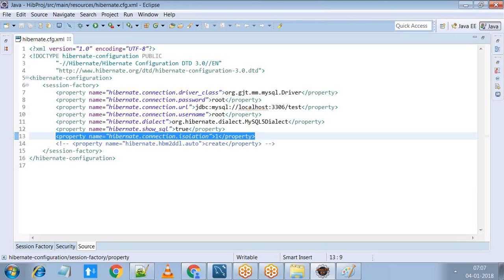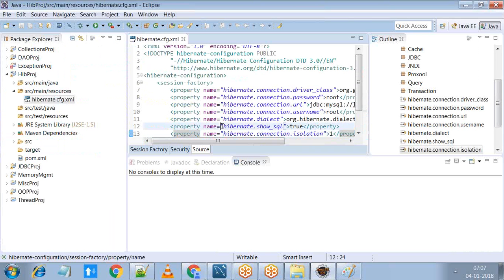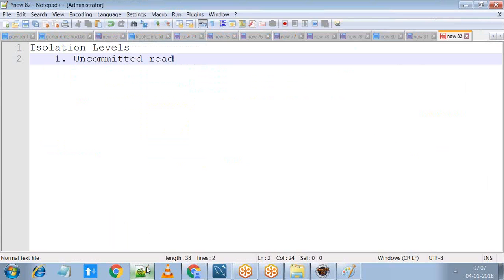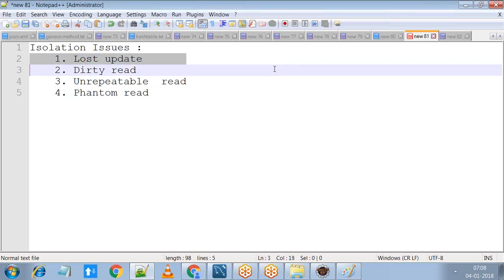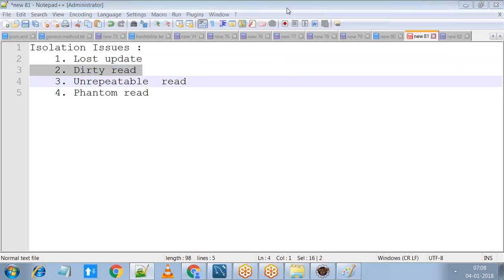Now, but there is a problem here, even when we set this isolation level. What is it? So let's see, dirty read problem. What is dirty read here? What do people think?